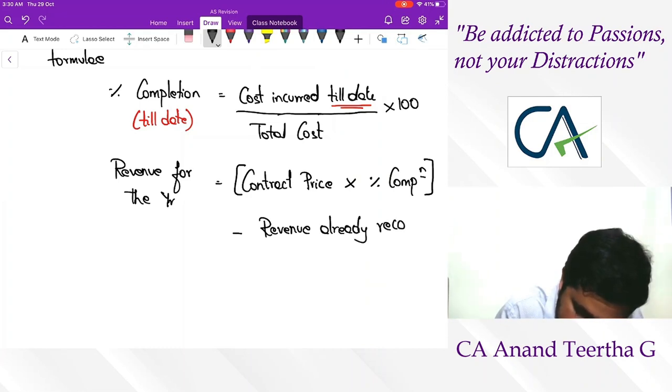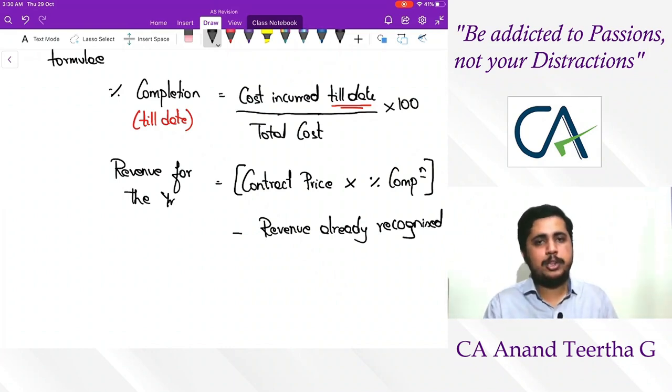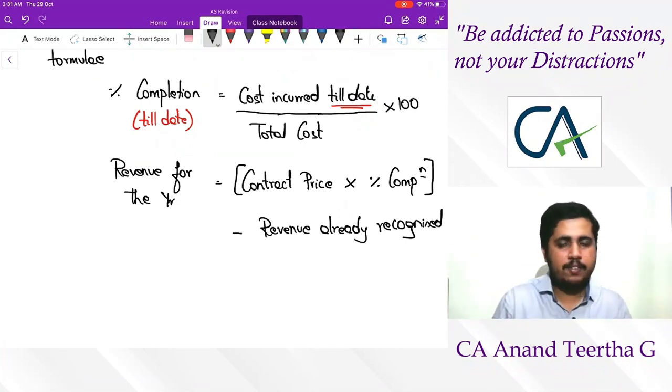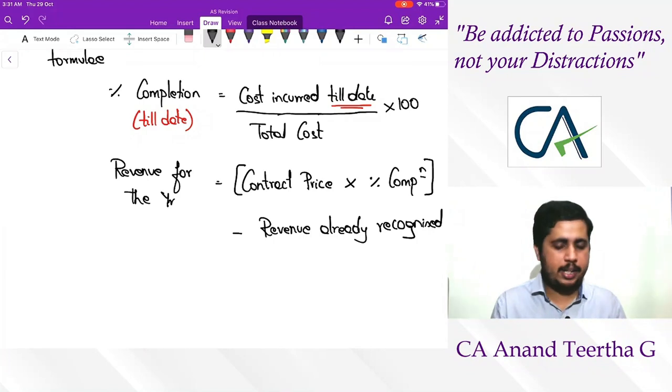See, this is where the impact lies: from year 1 till date, how much percentage is completed. Say 1000 crore is the total contract price. 1000 crore into say 60% contract completed till date, so 600 crore will be recognized. That is revenue till date. If I want current year revenue, it is revenue till date minus previous revenues. Therefore it is written as minus revenue already recognized. Okay, so that's how it is supposed to be taken up.